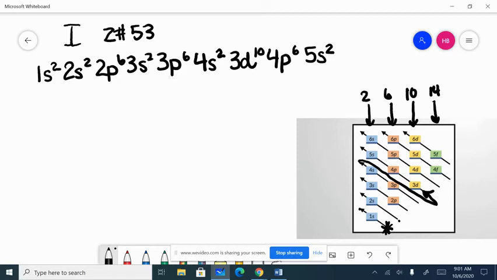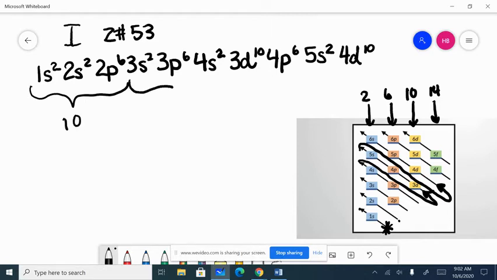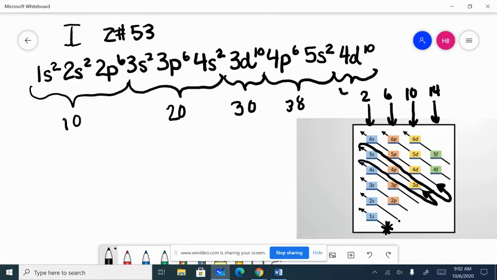So after 5s2, I'm going to go down and I'm going to fill 4d10. So now we have 10, 20, 30, 38, 48 electrons.